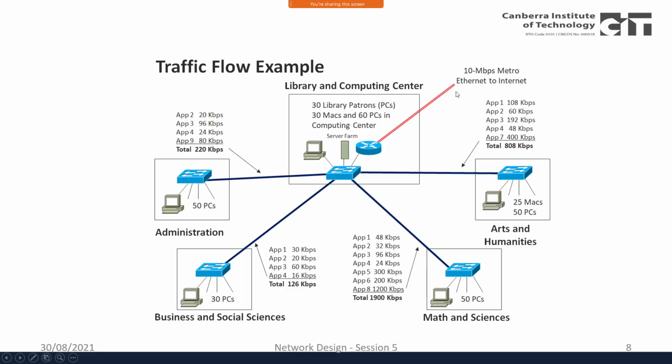Now we have a limit, a bandwidth, which is 10 megabits per second for the Metro Ethernet link, correct? So the maximum amount of bandwidth I have here is 10 megabits per second. Our internet connection is not going to be higher than that.